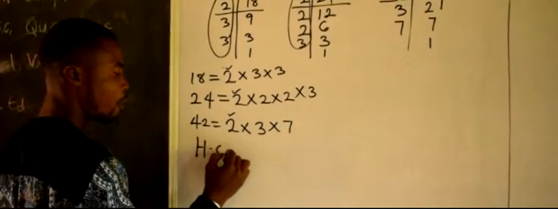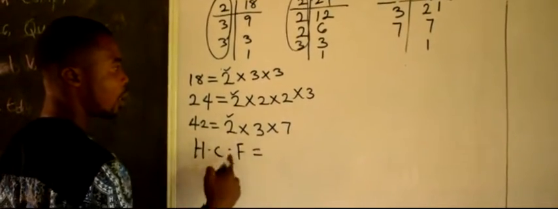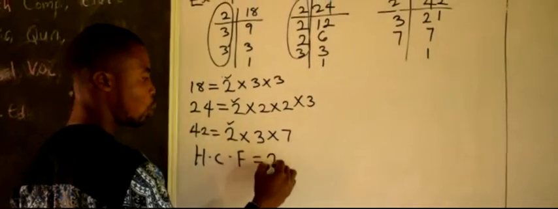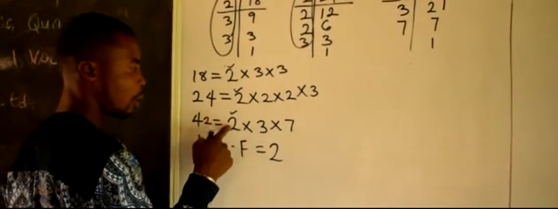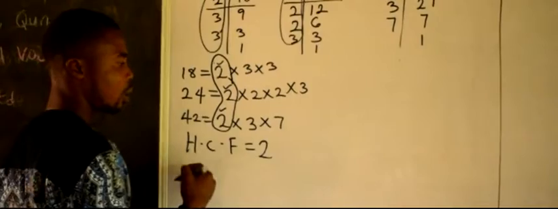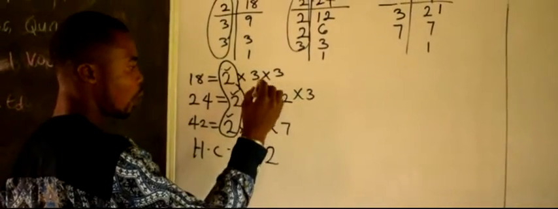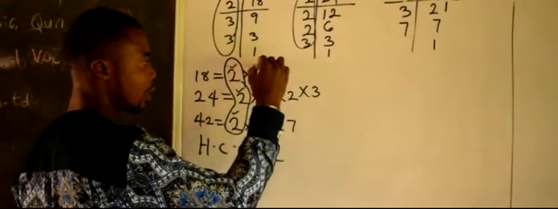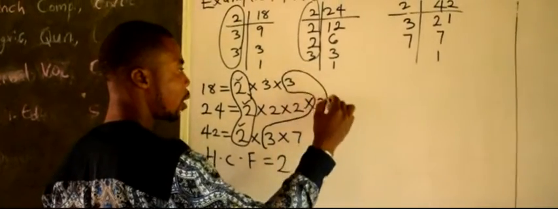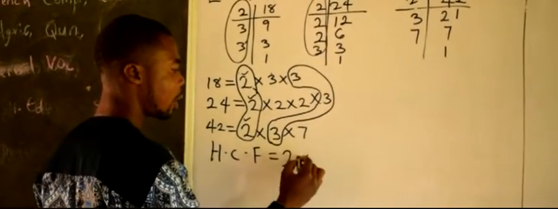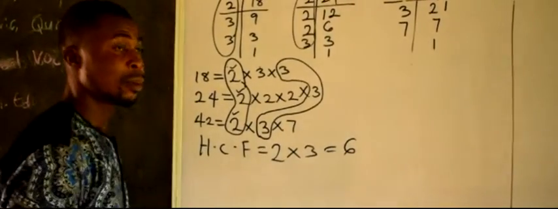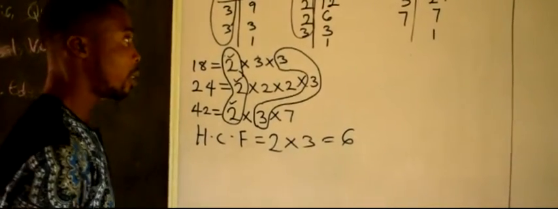The highest common factor is, we bring out the common factor, which is 2. This is common here and here. The second one, we have 3 here, 3 here, and 3 here, so we can pick 3. You multiply 2 times 3 together, that is 6. That is your highest common factor.